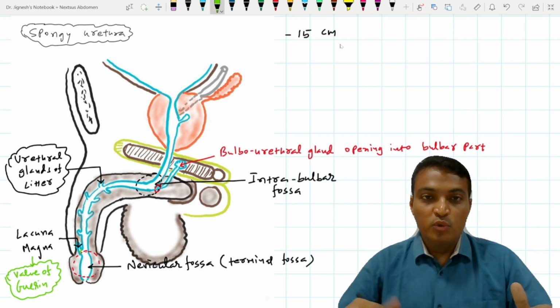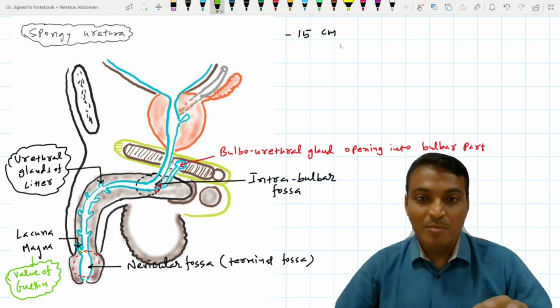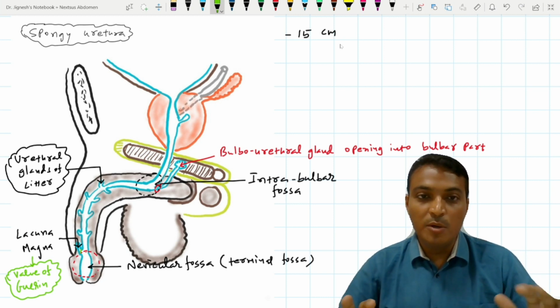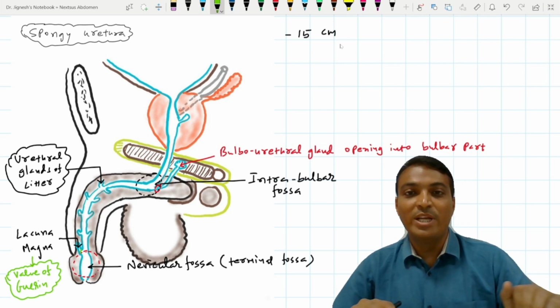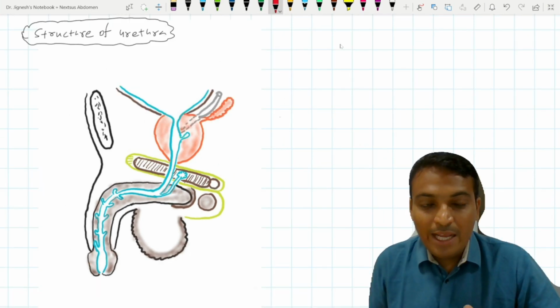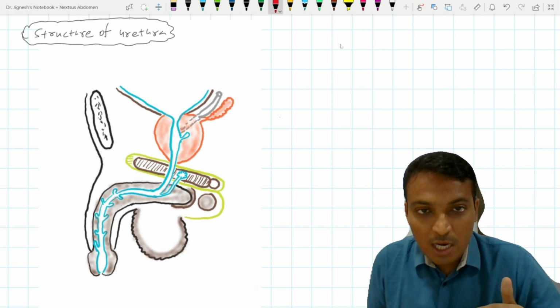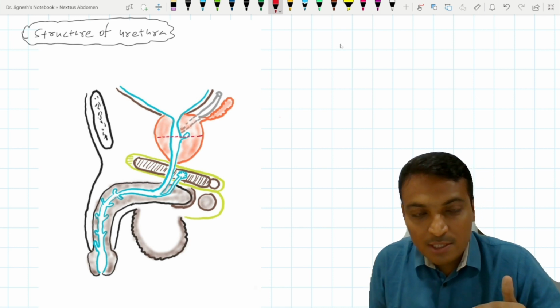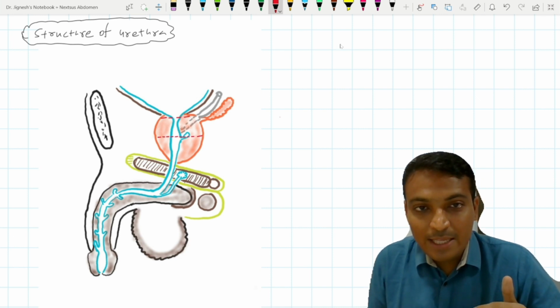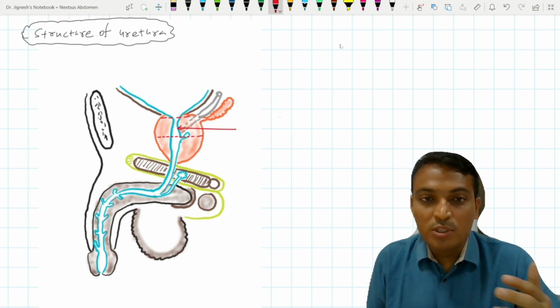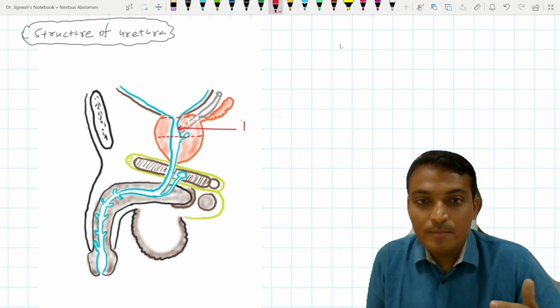Now let's move on to the structure of the urethra, but mainly we will concentrate on the mucosal lining of the urethra. The lining epithelium of the prostatic urethra above this colliculus seminalis is lined by transitional epithelium, just like the mucosal lining of the urinary bladder.